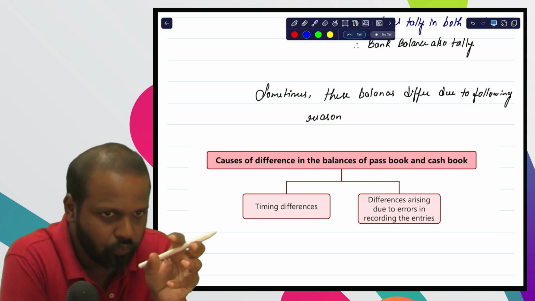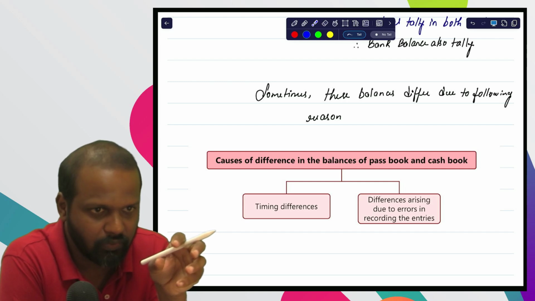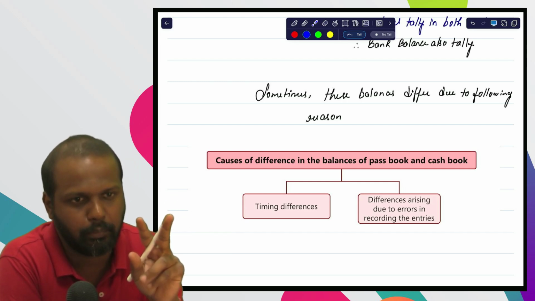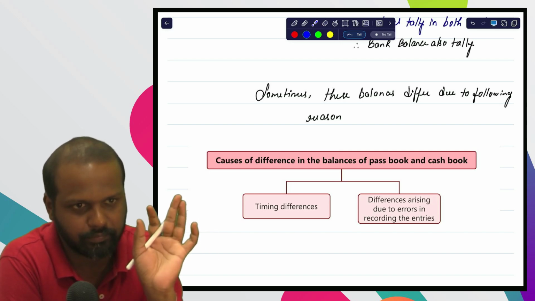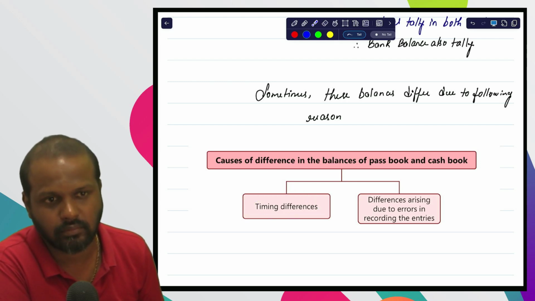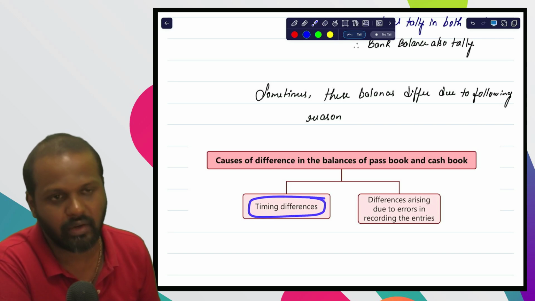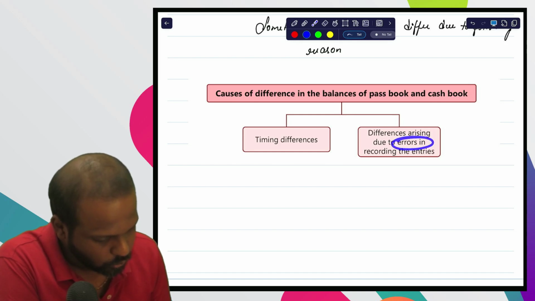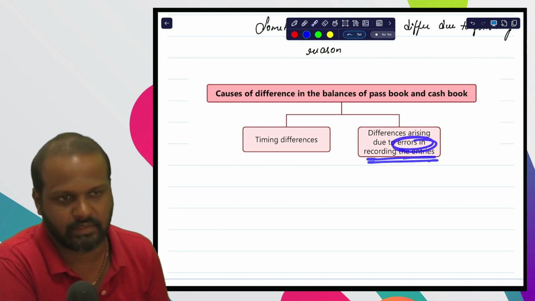Whenever you find your cash book balance is not tallying with the passbook balance, broadly there are two reasons. One is called timing difference. And the other is due to error in recording the entries.